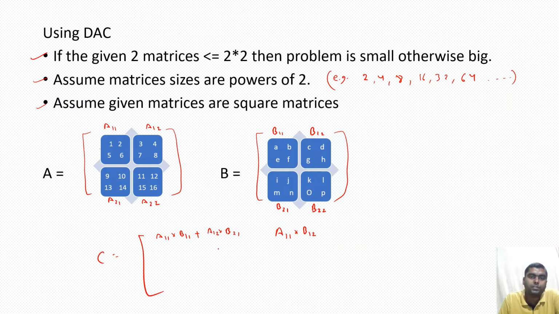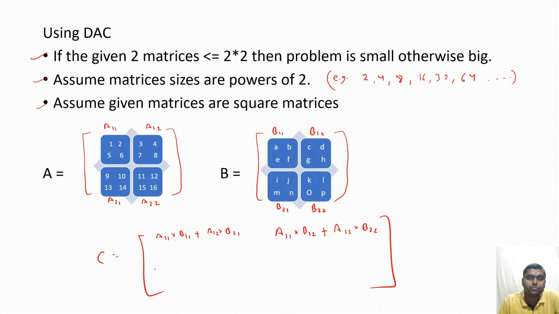Next, first row and second column: A11, B12, plus A12, B22. Similarly, second row, first column.